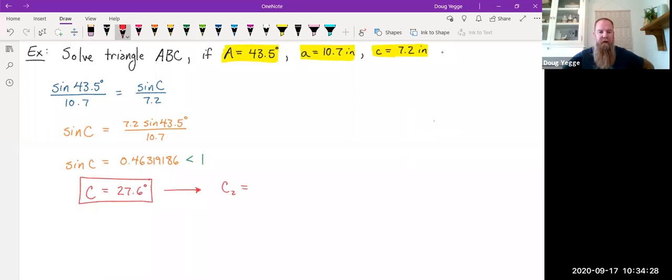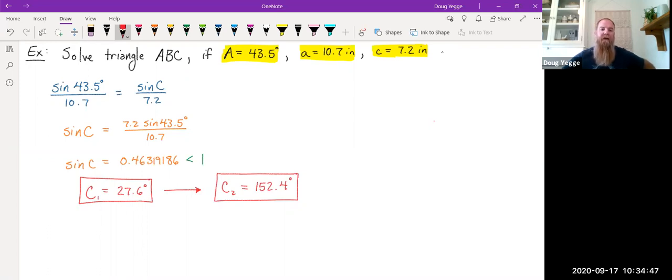And so if we subtract that from 180 degrees, we get 152.4 degrees. So again, it does look like there's a potential for two different triangles, C1 and C2.